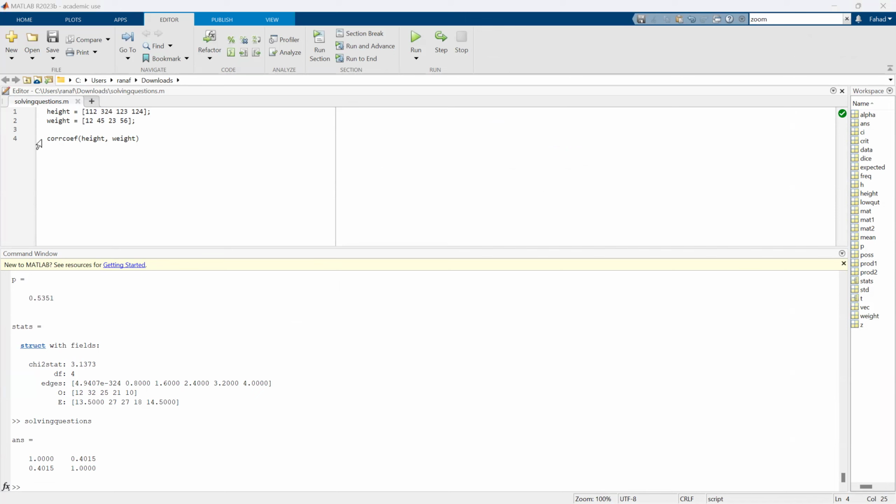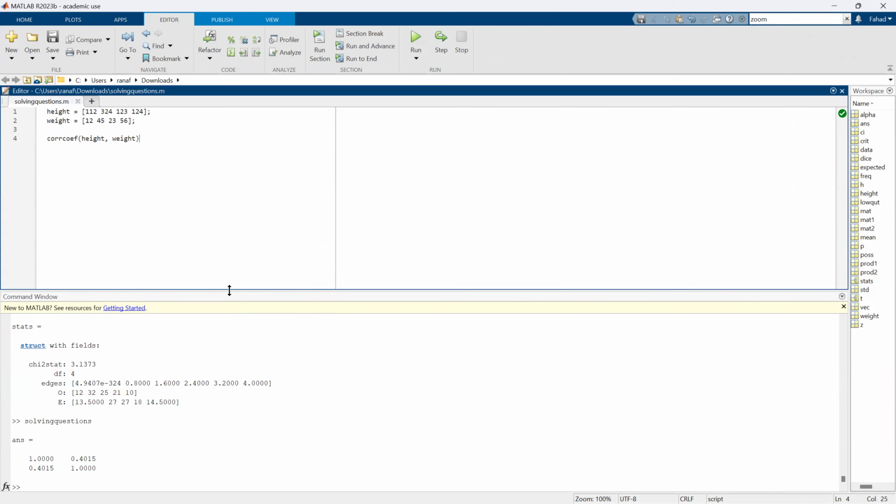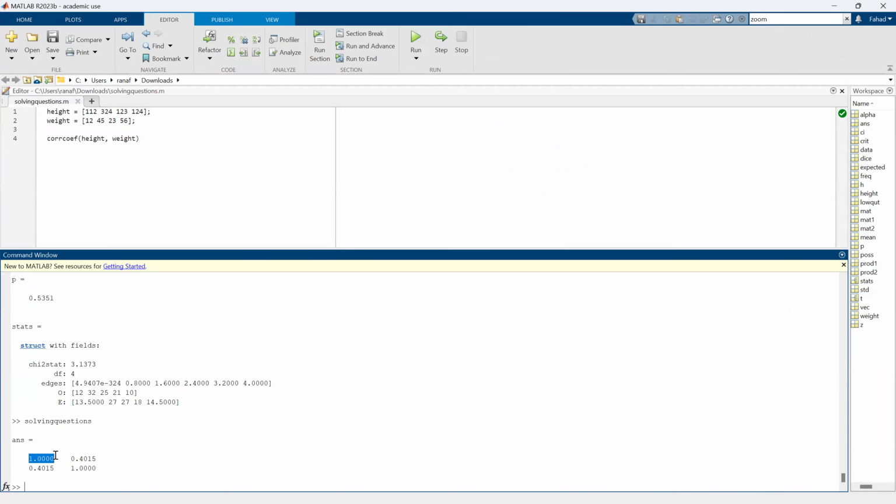When I do the correlation coefficient between height and weight, I get this 2 by 2 matrix. You can see that it has two diagonals: 1, 0.4, 0.4, 1. The first diagonal is the relationship of each element with itself.